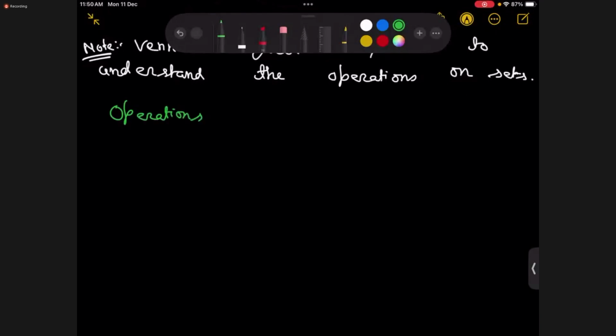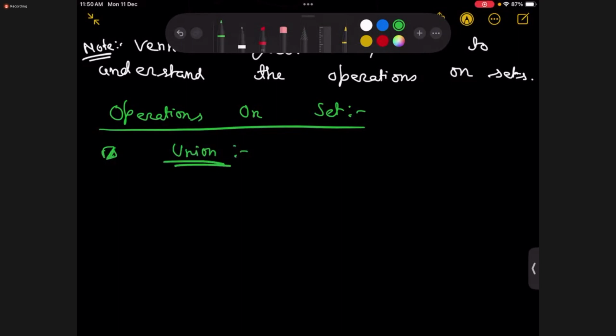Operations on sets. At first, union. Union means collection of all elements which are contained in both. So take an example, then it will be easy to understand. A is 1, 2, 3, 4, 5 and B is 8, 9, 3, 7.